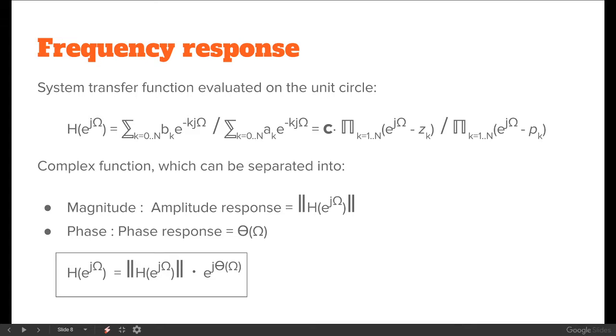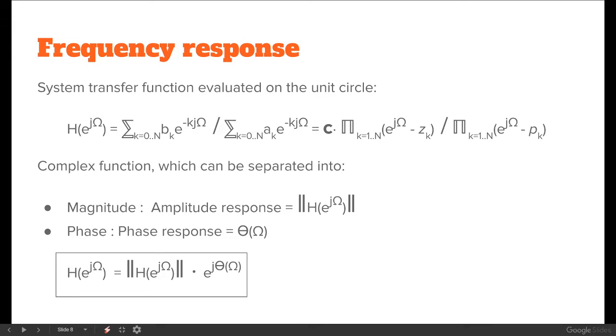So our frequency response is the transfer function at e to the j omega, where omega is the corresponding angle, which is simply 2 pi times the physical frequency divided by the sampling rate. Right, so it's a direct mapping.